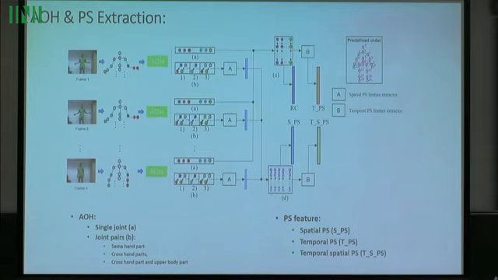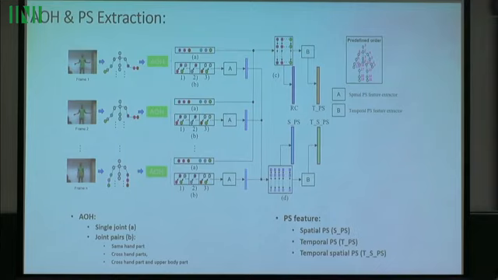The input is still the image sequences, and then we extract the skeleton. This can be implemented easily with RGB sensor information or OpenPose. After we extract the joints, we have AOH, attention on hands, meaning we only focus on joints on hands and the joint pairs between hands, within hands, and between hands and body.